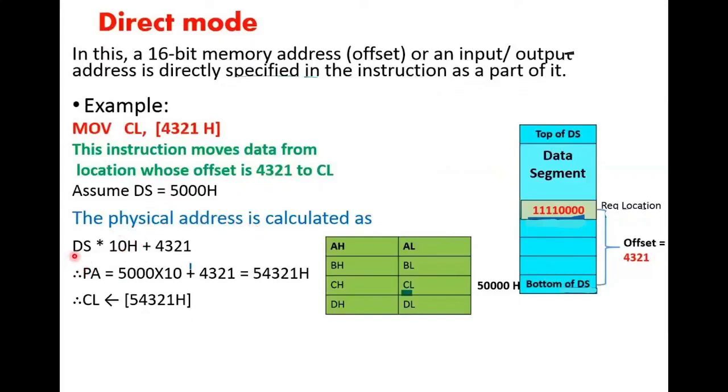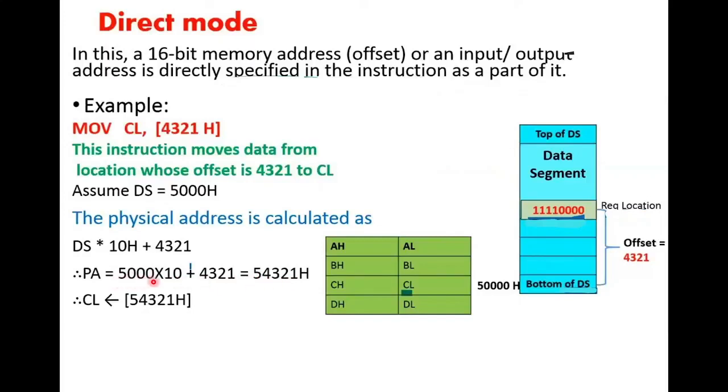The formula is segment address into 10 plus offset address. So 5000 into 10 plus 4321. When you multiply 5000 by 10, you will get 50000, plus 4321, then you will get 54321.